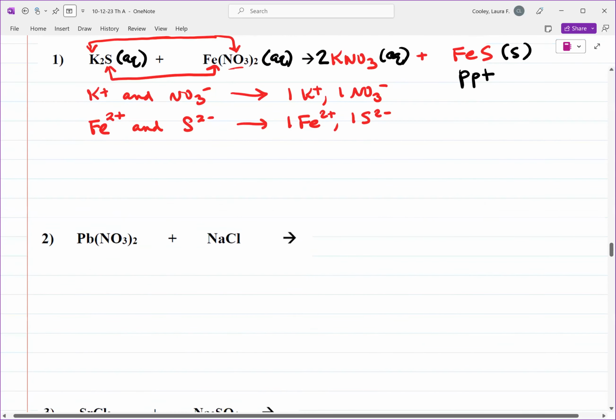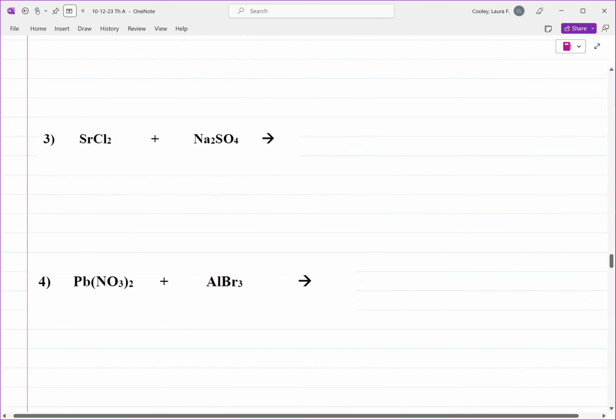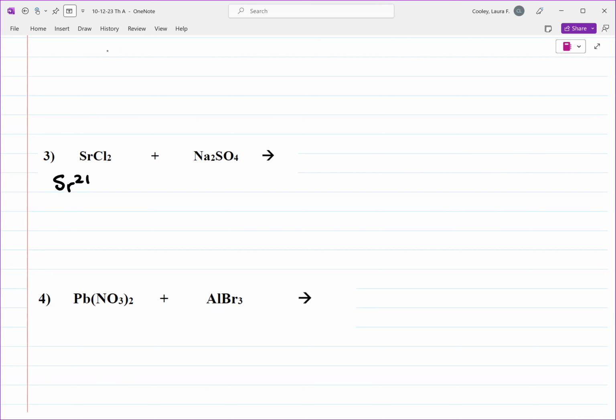Okay, I'll do the third one because strontium is not something we see a lot. So where is strontium in the periodic table? Yeah, I wish I had one in the room, but I don't. Yes, it's in the second group, 2A or 2. So strontium is 2 plus.